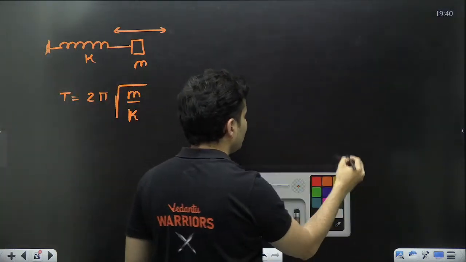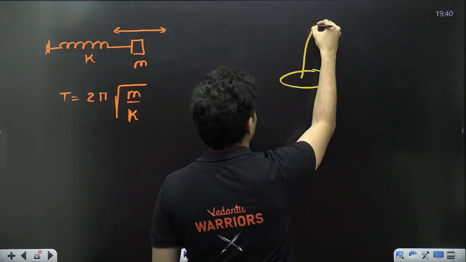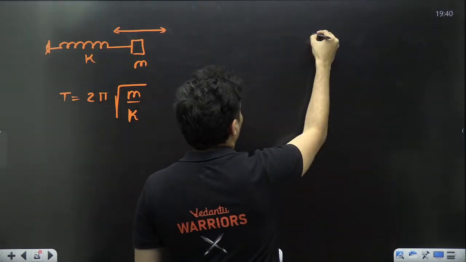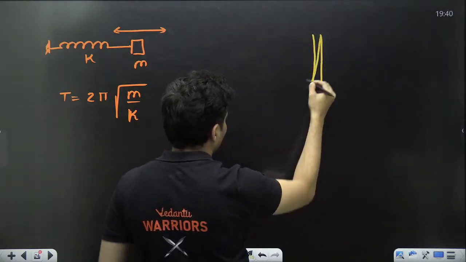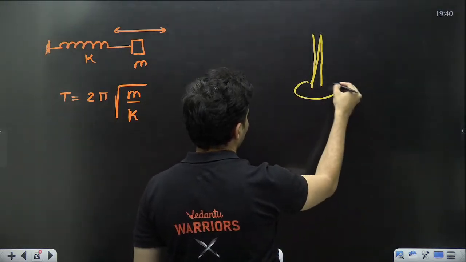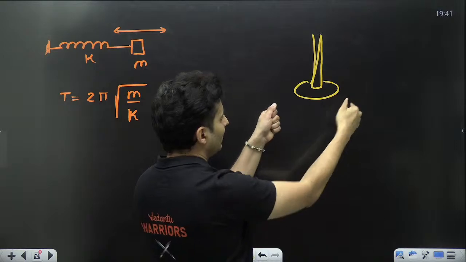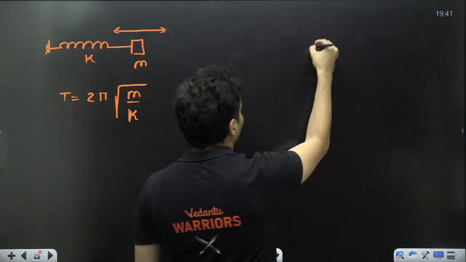Similarly, what happens is you take a body and you twist that rod. You twist that rod, meaning you twist it like this, you rotate that rod. Okay, I hope you are able to visualize this diagram.